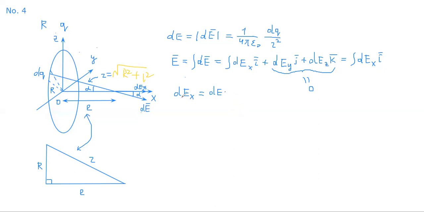Okay, if dEx is the projection of dE on axis x, it can be calculated via cosine. So it is dE multiplied by cosine of alpha.